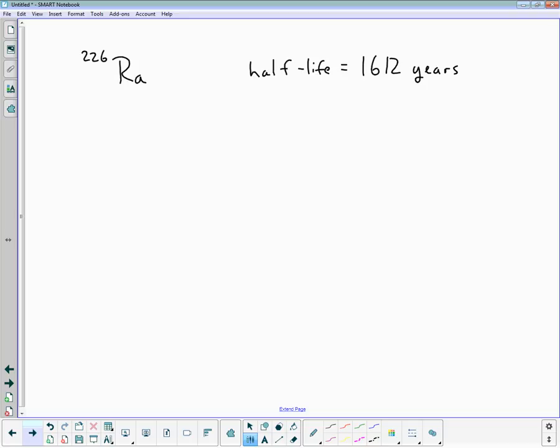It takes a long time for it to decay. All right. So y is equal to b e to the k t. So what this is saying is that in 1,612 years, my ratio of stuff will be a half.